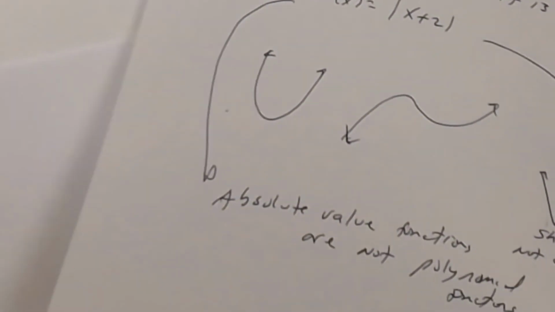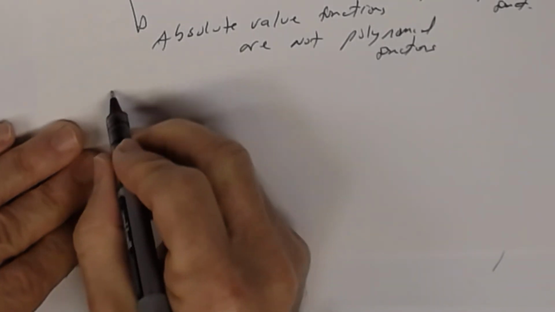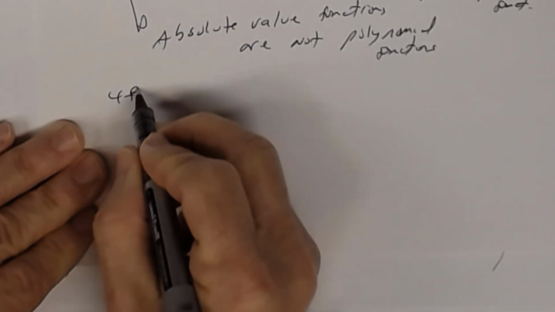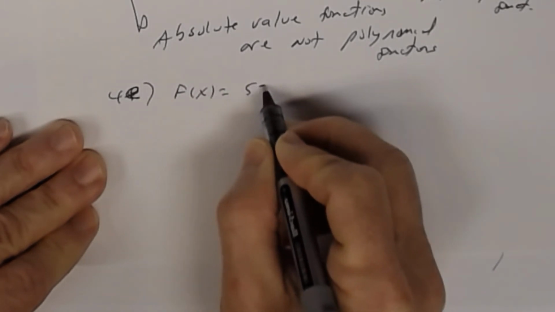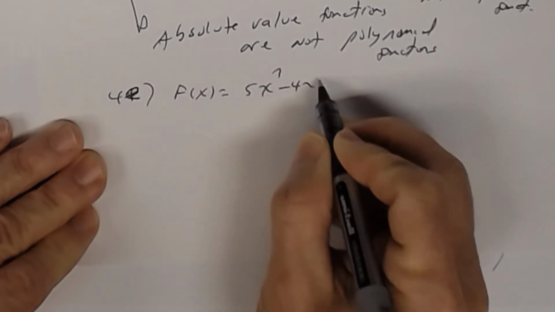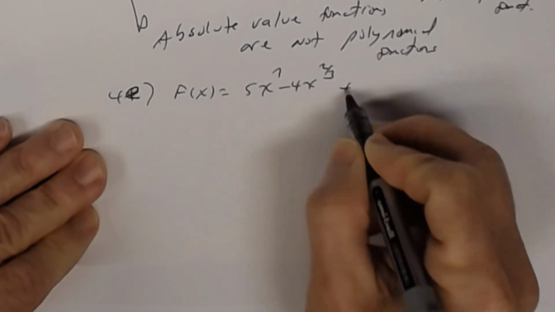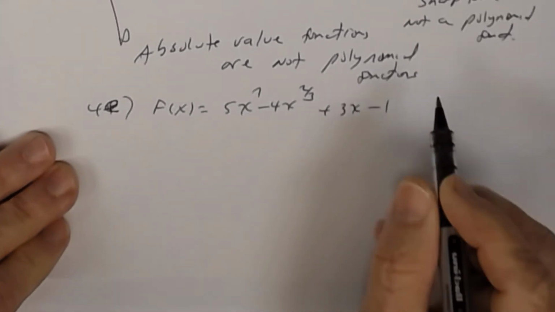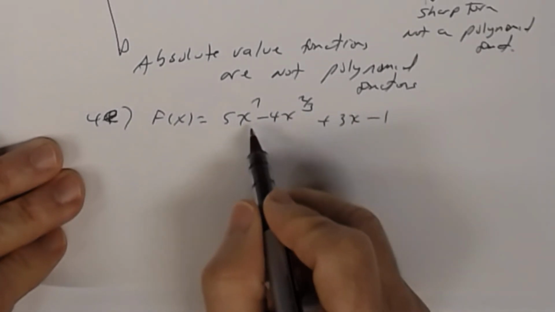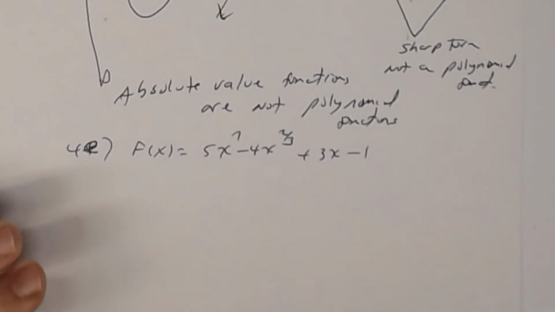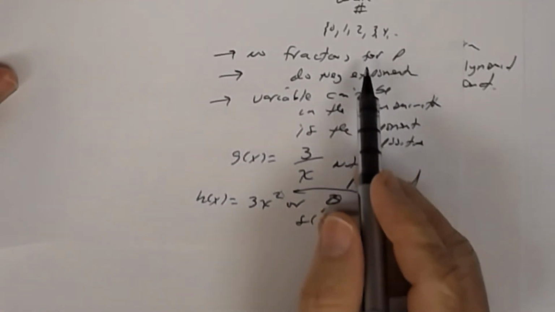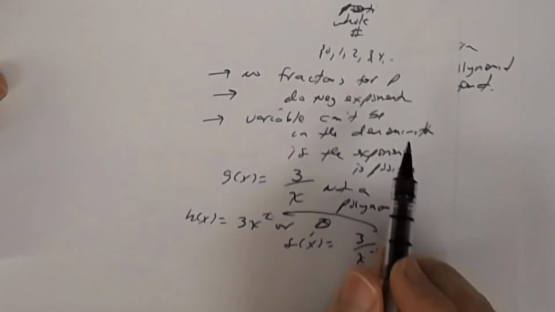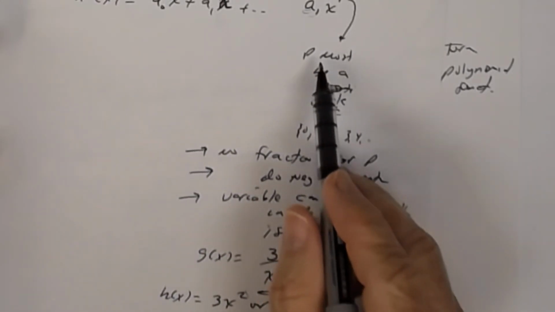All right. And then for E, you have f of x equals 5x to the 7th minus 4x to the 2/3 plus 3x minus 1. Remember, when we talked about polynomial functions, your exponents have to be whole numbers.